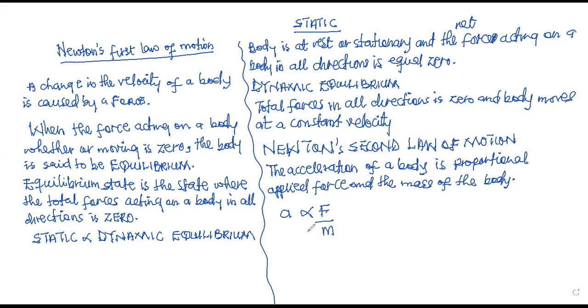So it means that when the mass increases, acceleration would decrease. When the mass decreases, acceleration would increase, on condition that the applied force is constant. Force must be constant.